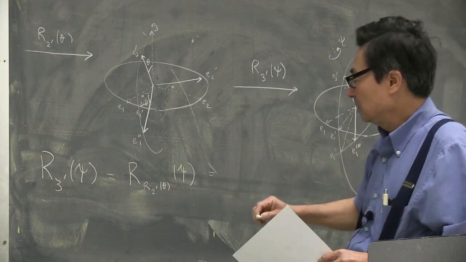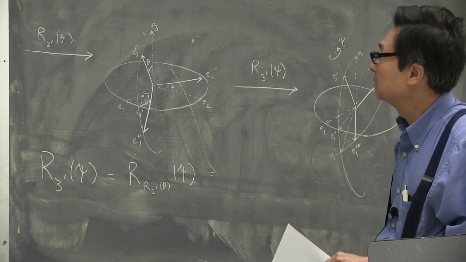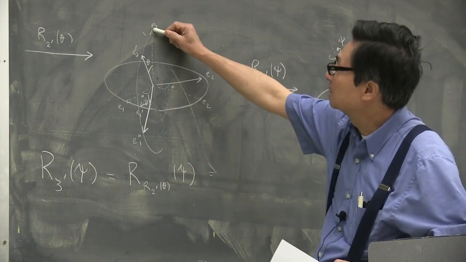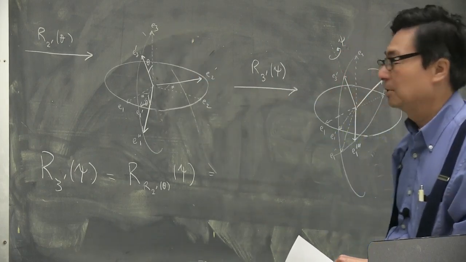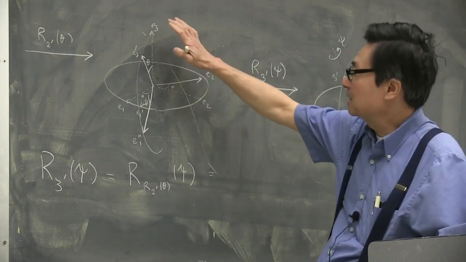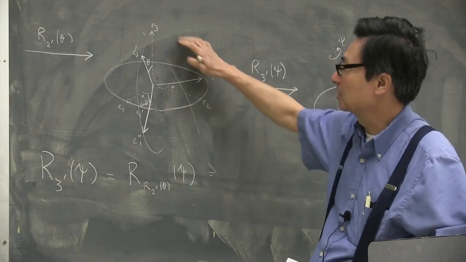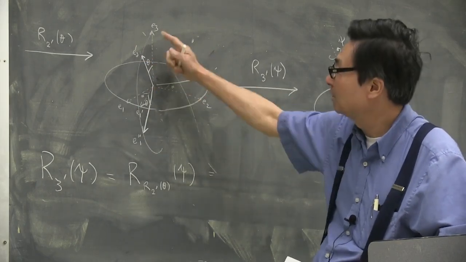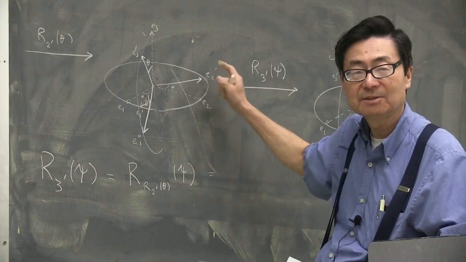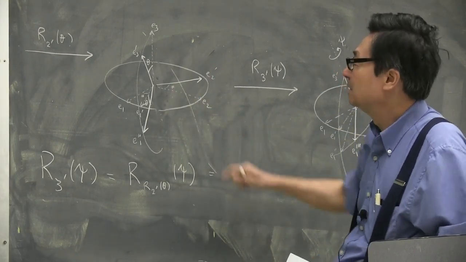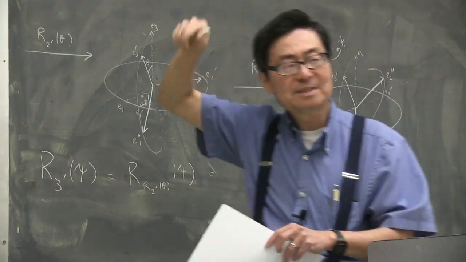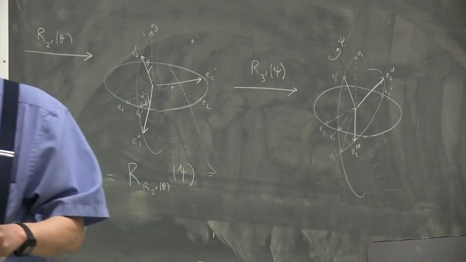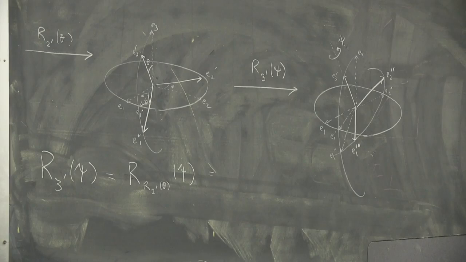Now, there's a rotation which got you from this point to this point, because both points can be thought of as points lying on a unit sphere, because all these are unit vectors, right? So they all have length 1. So all the tips of all these different axes are all points on the same unit sphere, the 2-dimensional sphere.